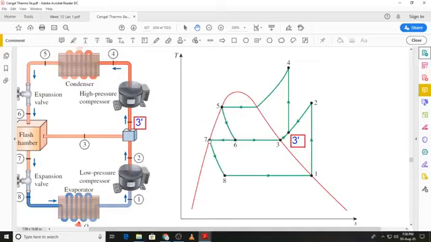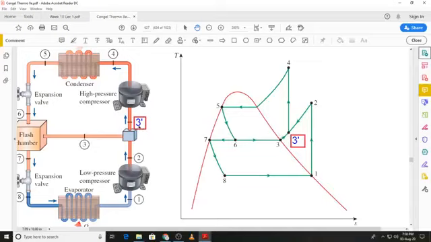Similarly, we have the isenthalpic expansion again from state 7 to the evaporator pressure, that is at state 8, and this is again an isenthalpic process from 7 to 8. Then you have the heat rejection from 8 to 1. We have the flash gas separating at state 3, and we have the compression from state 1 to 2. Then the mixing of the two states 2 and 3 in the mixing chamber gives us the resultant state 3 prime.